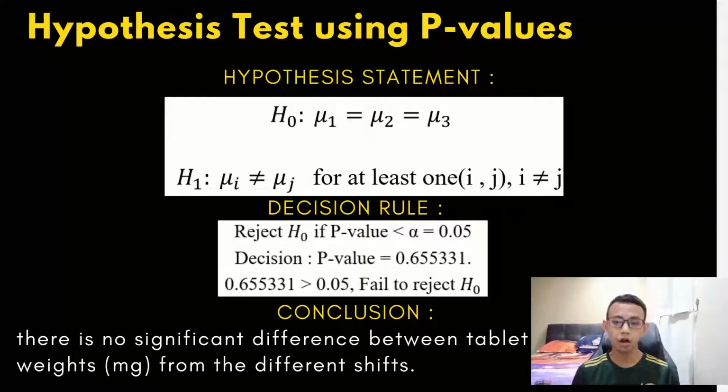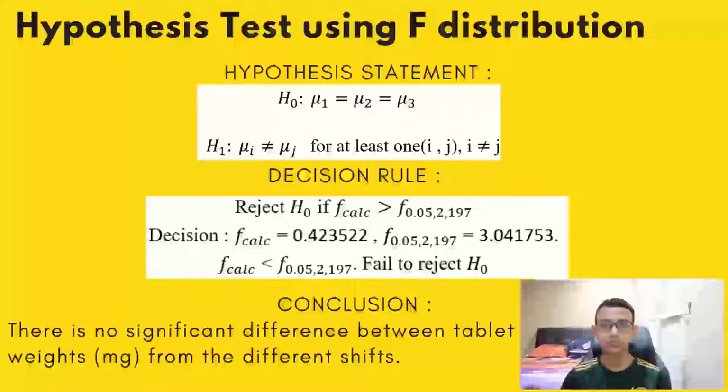In this problem, our p-value is 0.655331, which means 0.655331 is greater than 0.05, and we fail to reject H null. Our conclusion is there is no significant difference between tablet weight from the different shifts.